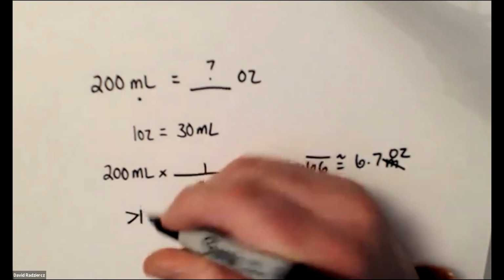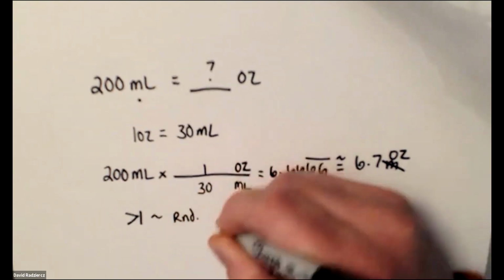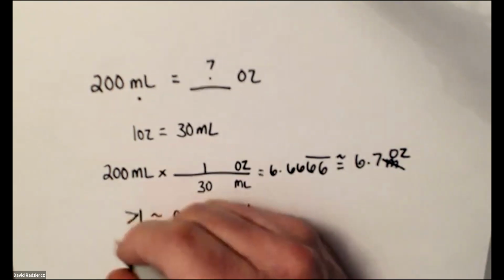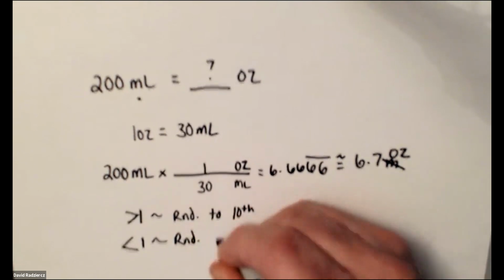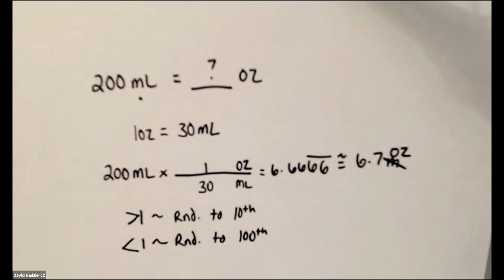If you have a number greater than 1, you're going to round to the 10th. If you have a number less than 1, you're going to round to the 100th. Okay. So the 10th place, the 100th place, in regards to where that is in the decimal.